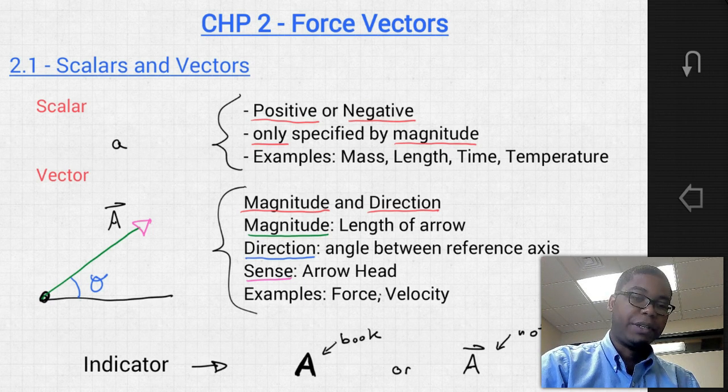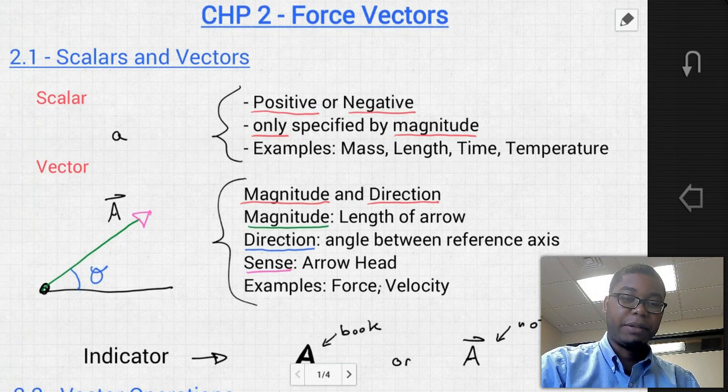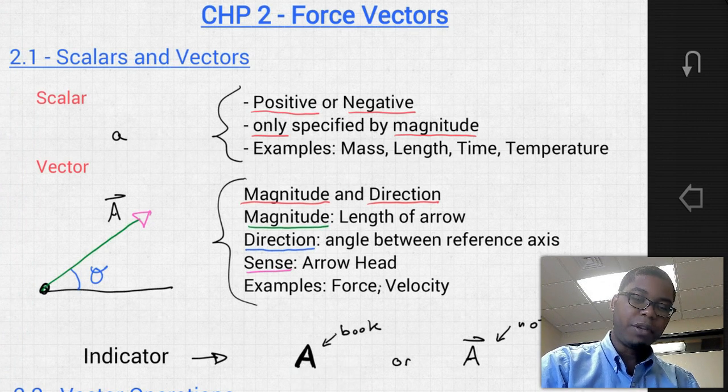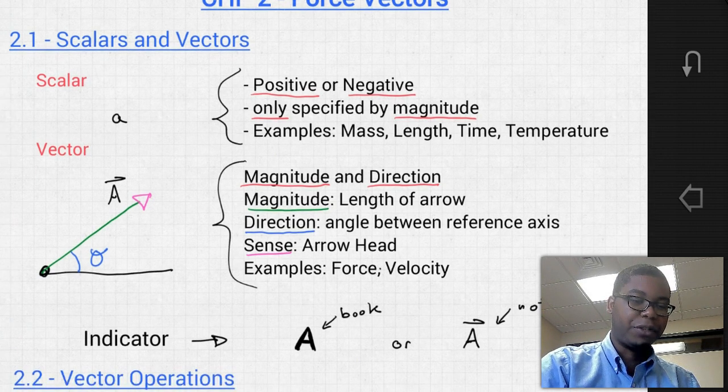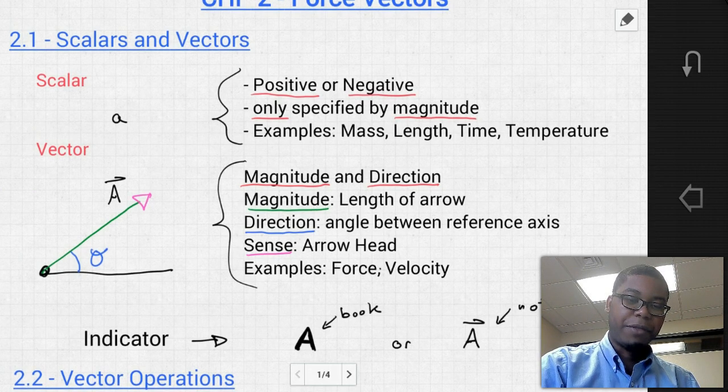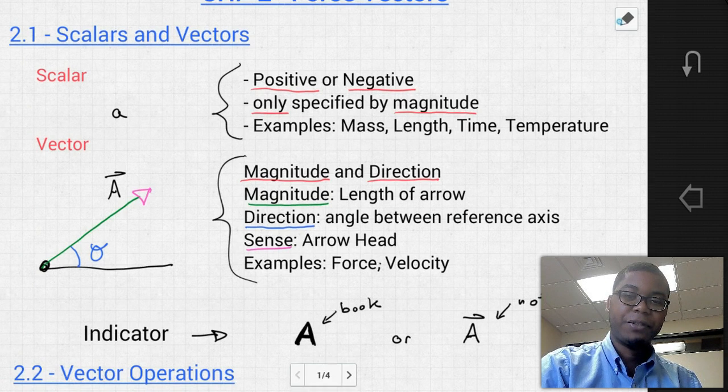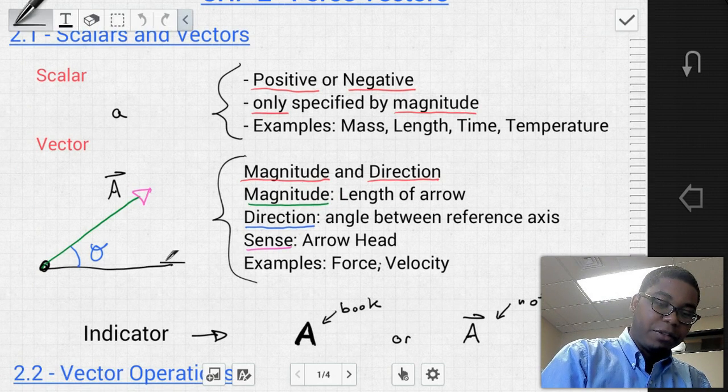A vector is a quantity that has both a magnitude and a direction. As you can see in the drawing here, the magnitude is typically denoted as the length of the vector, and the direction is usually denoted as an angle between some reference axes. So you define some reference axes.